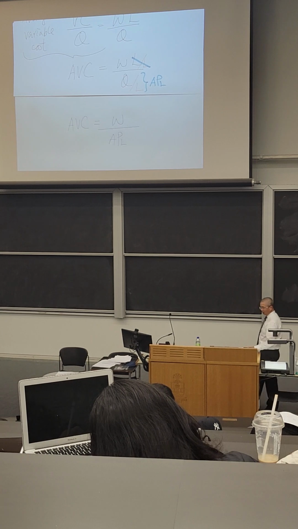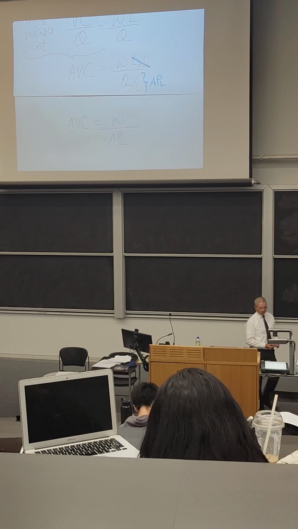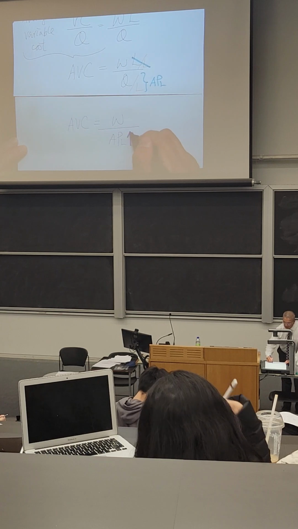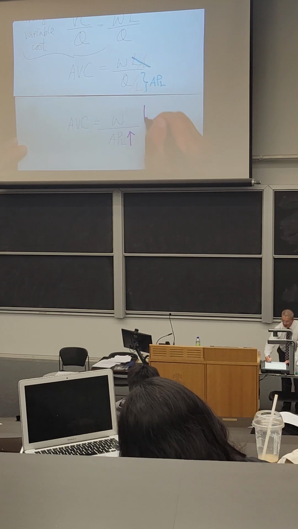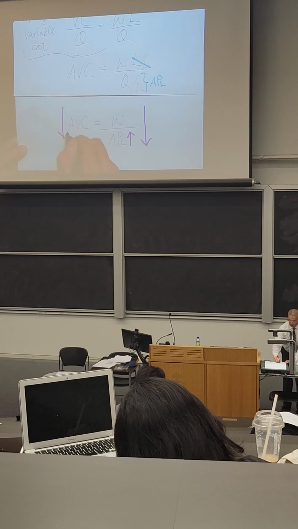And now you can see the inverse relationship between productivity and cost, because as the average product of labor increases, the entire ratio drops, and therefore the average variable cost will fall.